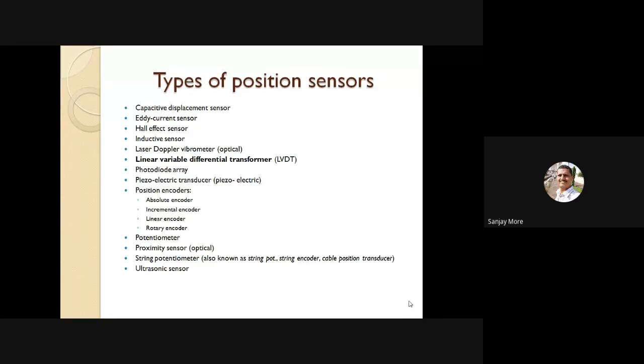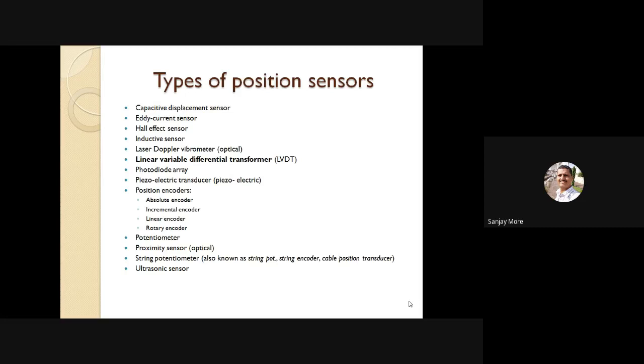Second, incremental encoder. Third, linear encoder. Fourth, rotary encoder.